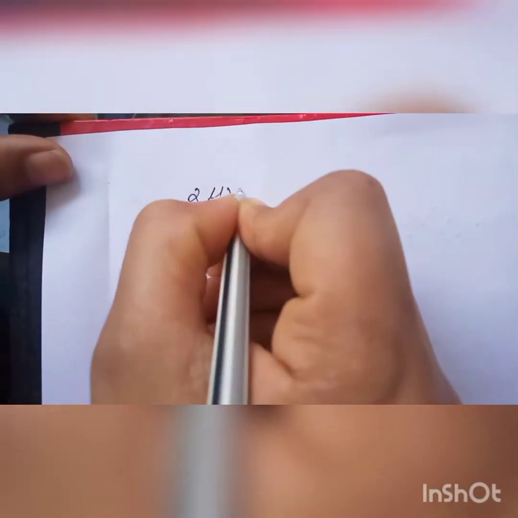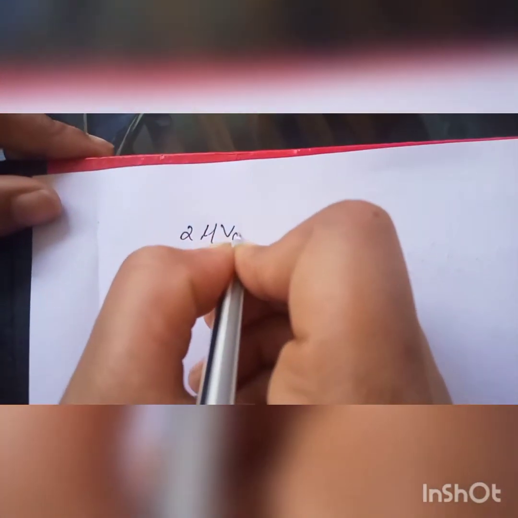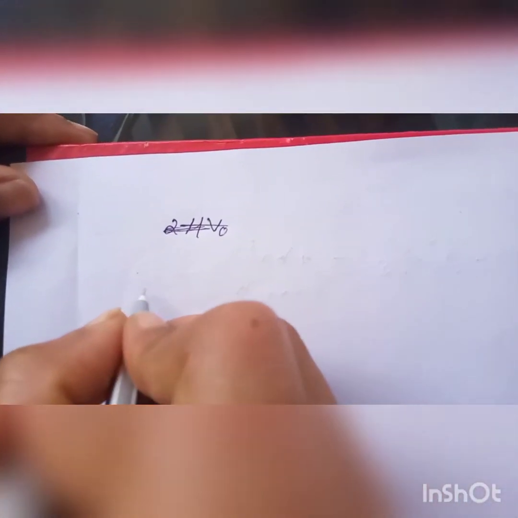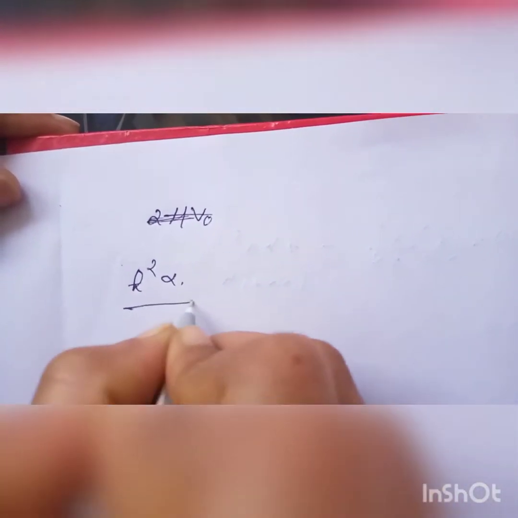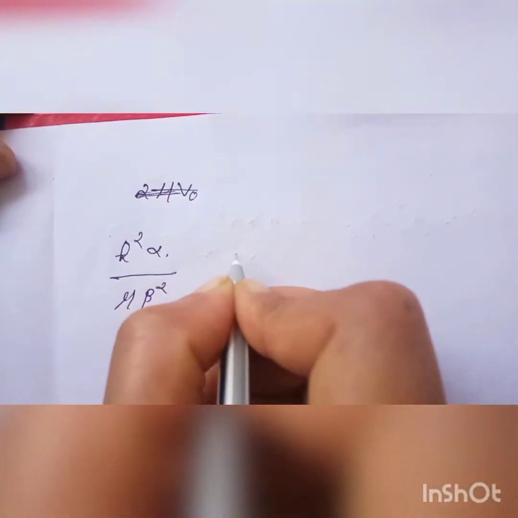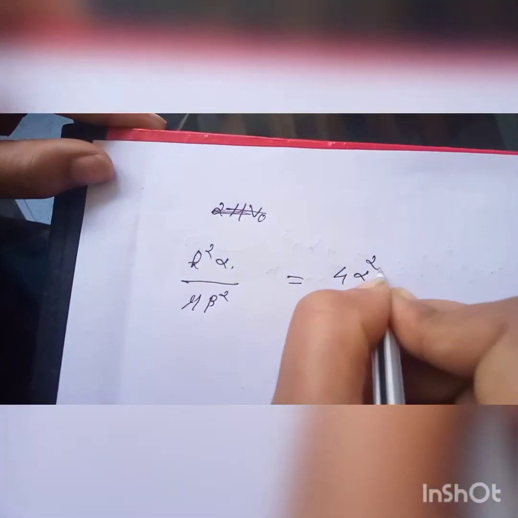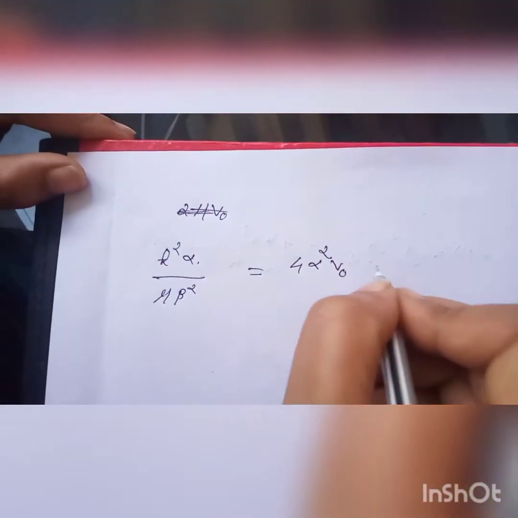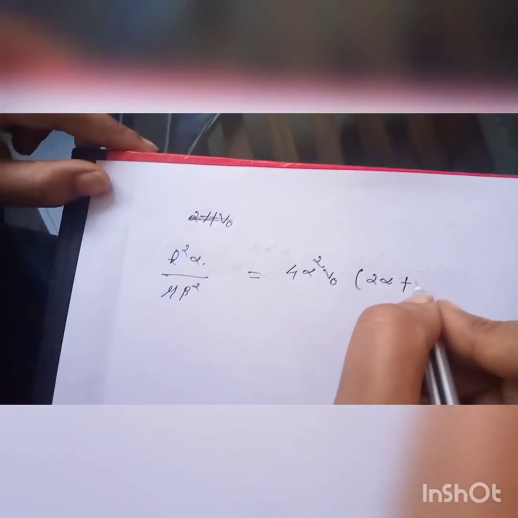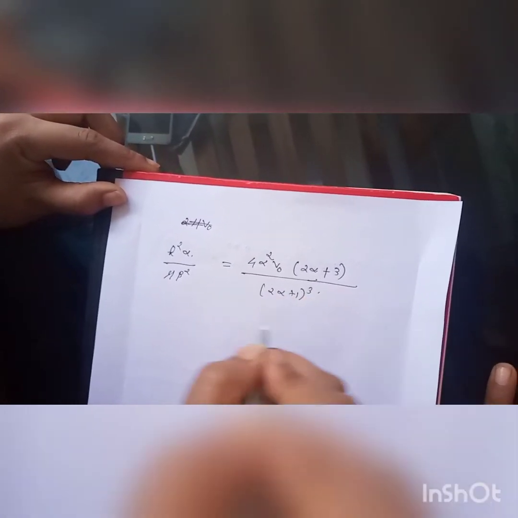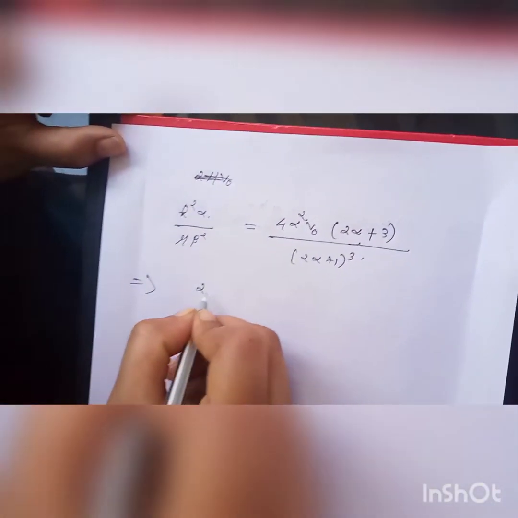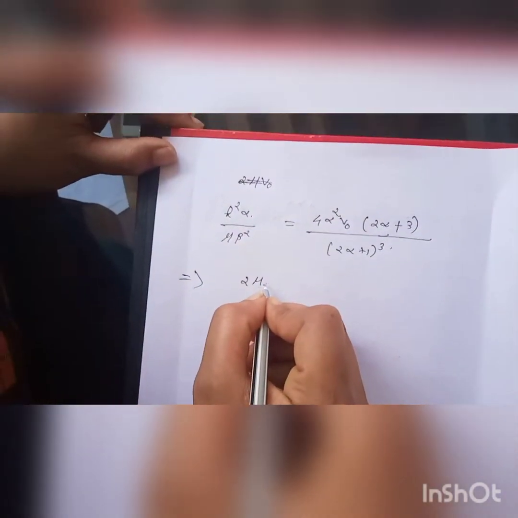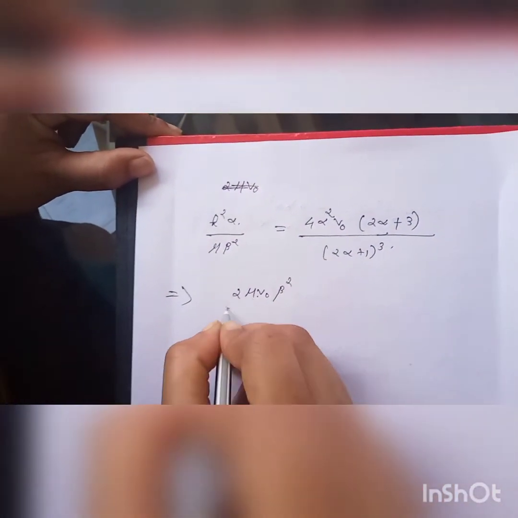Then rearranging the equation, that is, ħ²α/μβ² is equal to 4α²V0 (2α+3) divided by (2α+1) the whole cube.